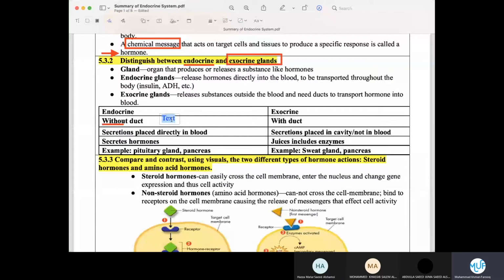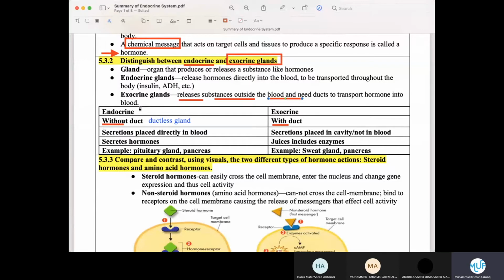You remember we studied that we call them ductless glands. And the exo are with a duct. Why are exo with a duct? Because they release their substances outside the blood and need a duct to transport them into the blood.